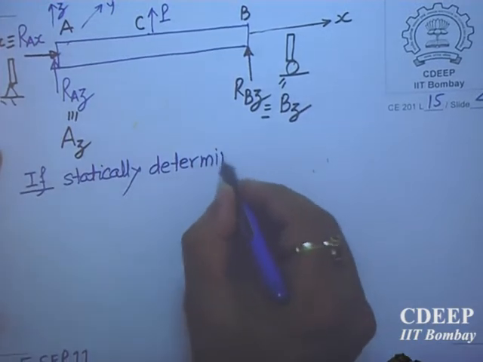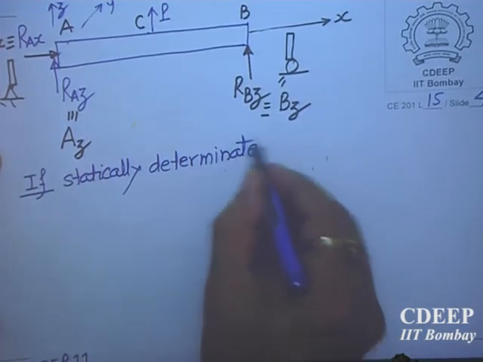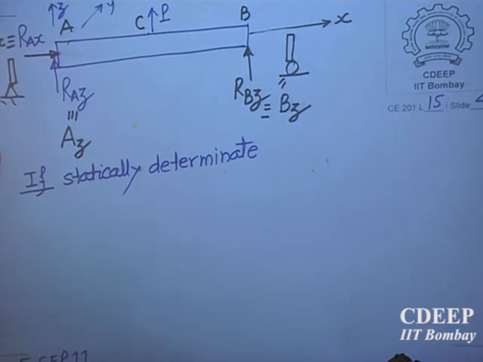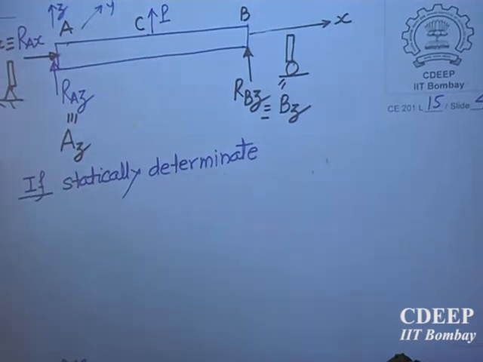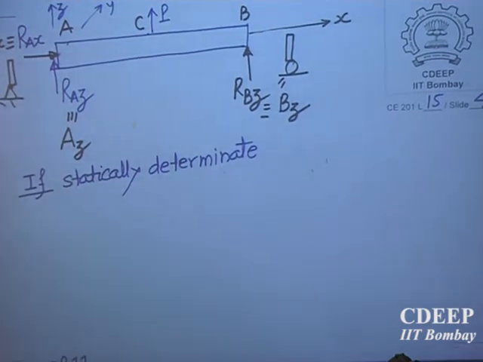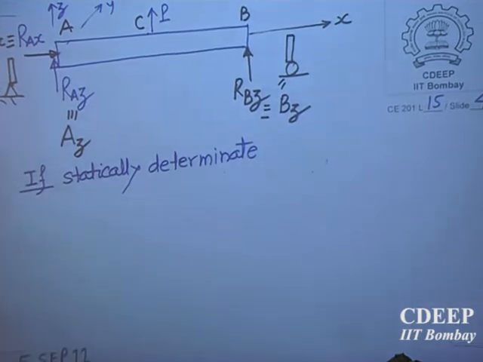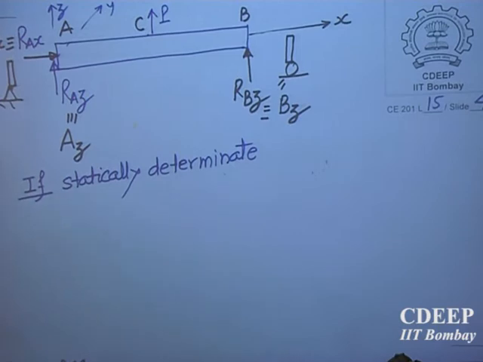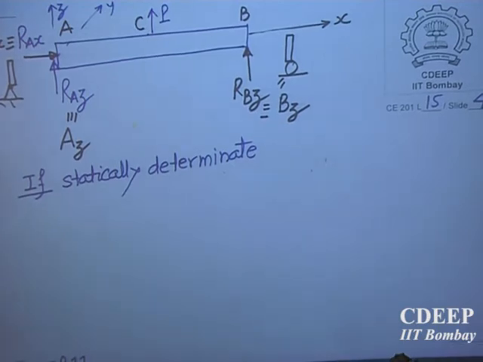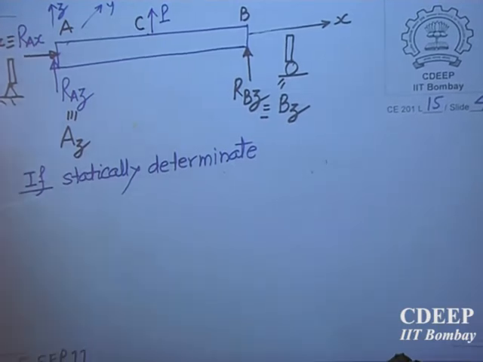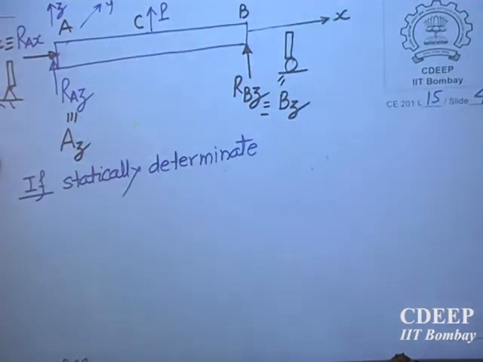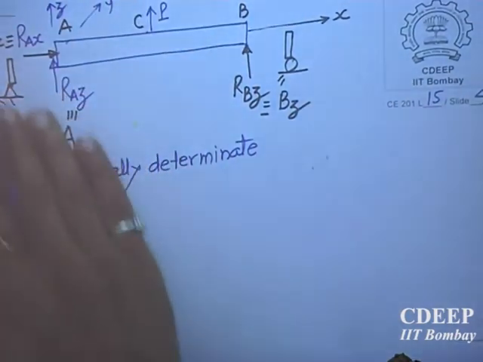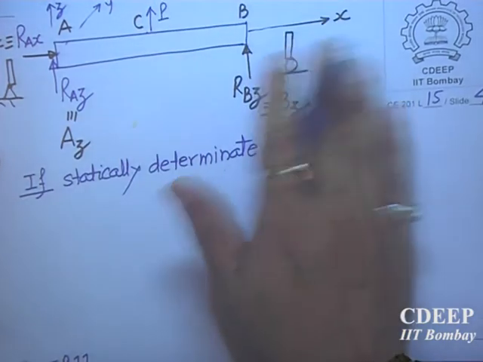For any plane problem, how many unknowns and how many equations of equilibrium have you got? This is a plane problem subjected to plane load, everything in the XZ plane.